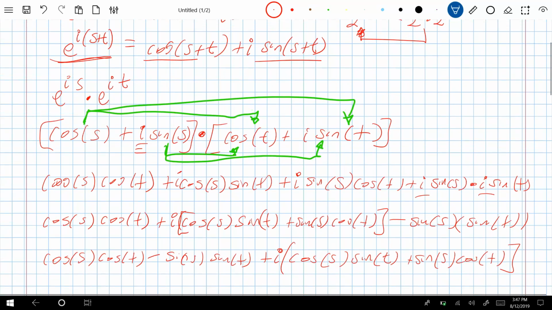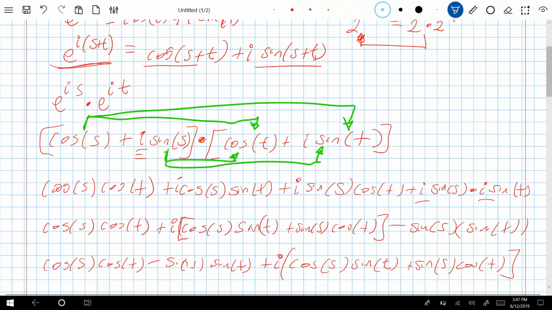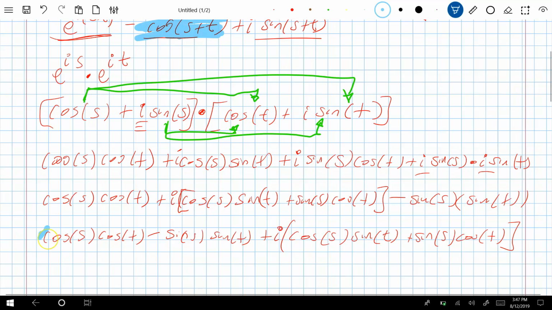Go back to the original. The only way two complex numbers are equal is if the real and imaginary parts are equal. So what I mean by that is the following. Back over here, where I'm just tracing, highlighting, I have cosine of s plus t. That's the part of the complex number that does not have the I in it, which means down below, that has to correspond to this in value.